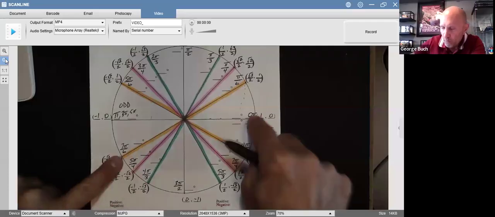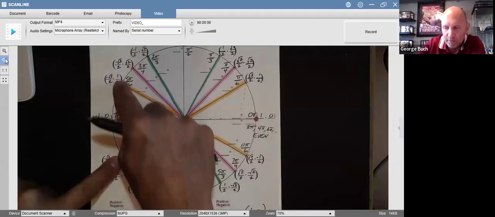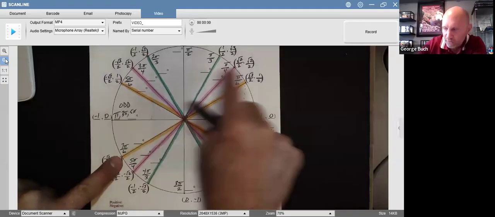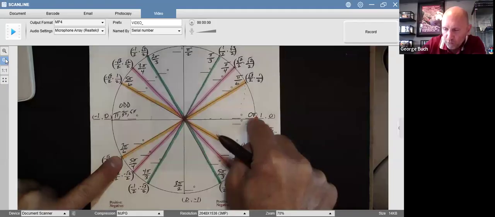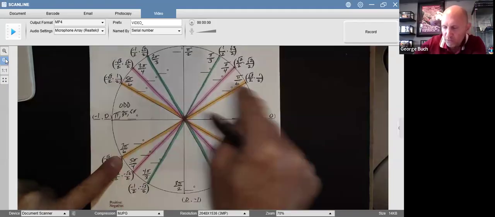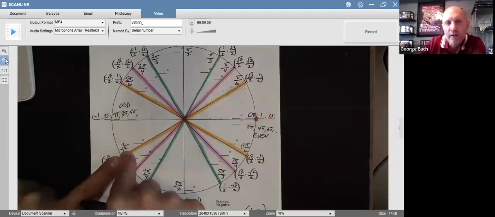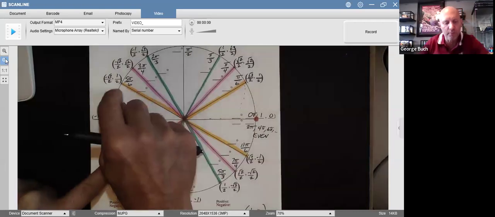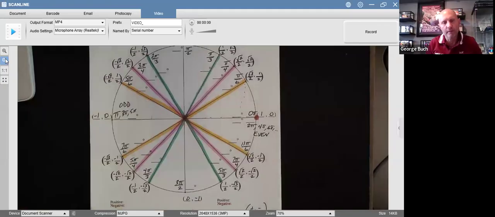So if I went clockwise to get to this point, it's the same distance, 7 pi over 6. Halfway around plus an orange line. So this is 7 pi over 6, but because it's going clockwise, it's negative 7 pi over 6. So we can find all of these values with either positive or negative values of t.